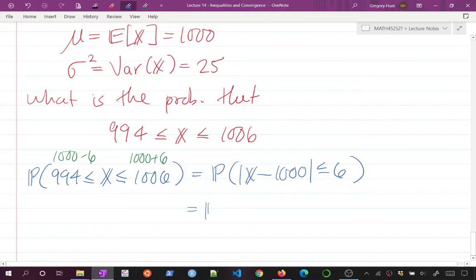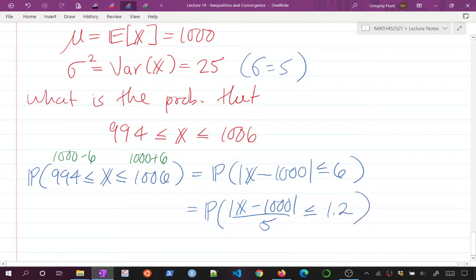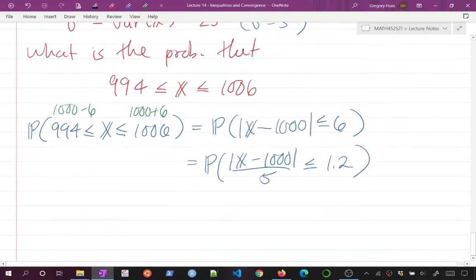And I could, of course, divide through both sides of that inside my probability by the standard deviation, right? Sigma is 5. So I could say, what's the probability that |x minus 1,000| divided by 5 is less than or equal to 6 divided by 5, 1.2? So can we say anything about that?